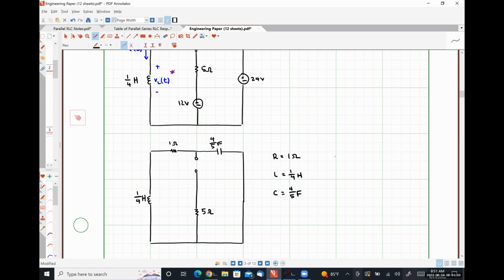Here, alpha is R over 2L. So that's going to be 1 ohm over 2 times 1/4 of a Henry. So we have an alpha of 2 nepers per second.